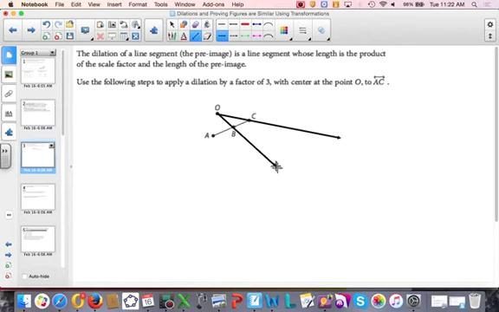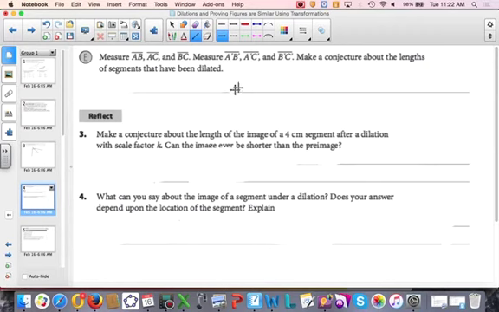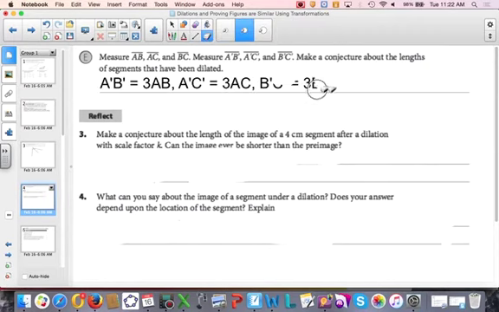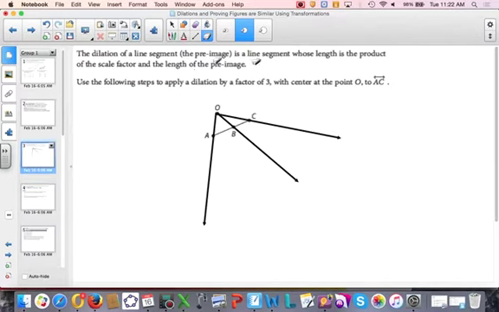And I would do the same thing with OB, and I would do the same thing with OA. So as I mentioned before, the lengths of the images would be 3 times the lengths of the pre-image. And again, the reason for that is because I'm dilating it by a scale factor of 3.